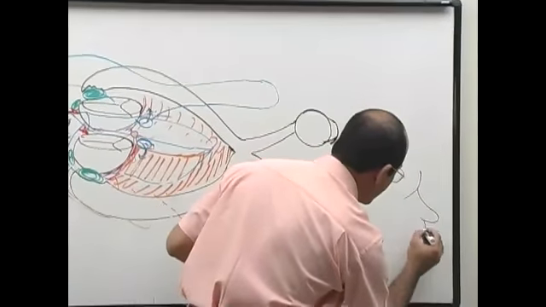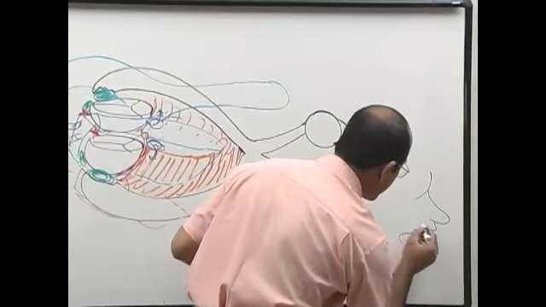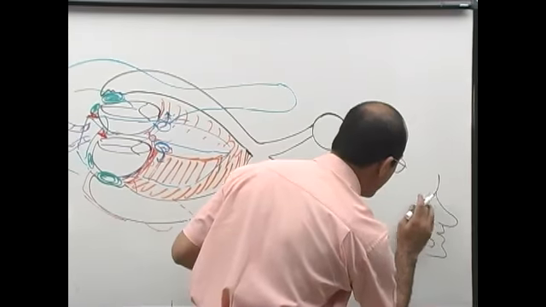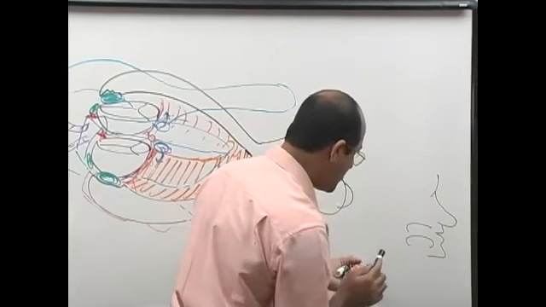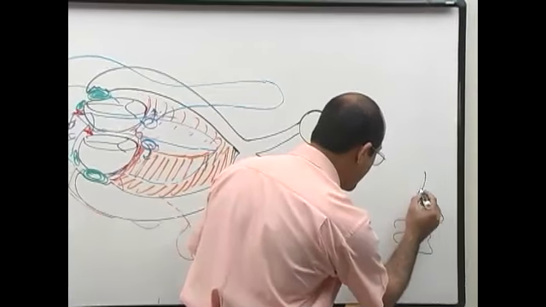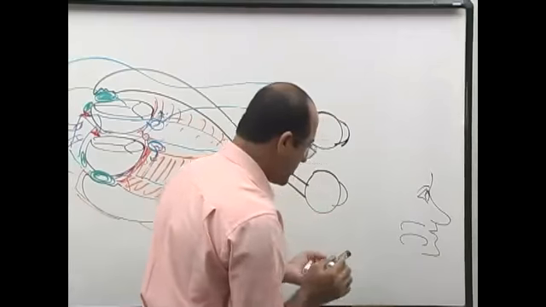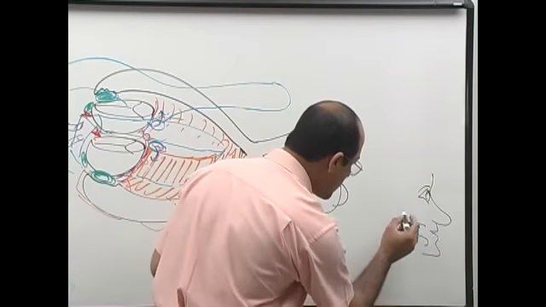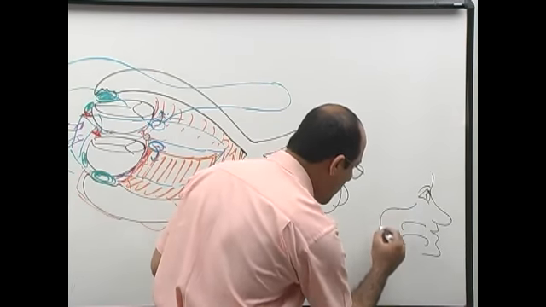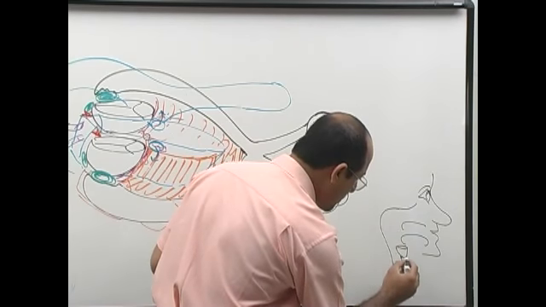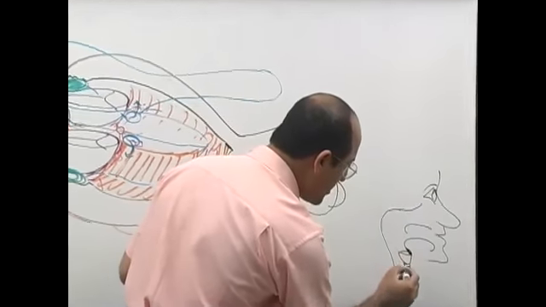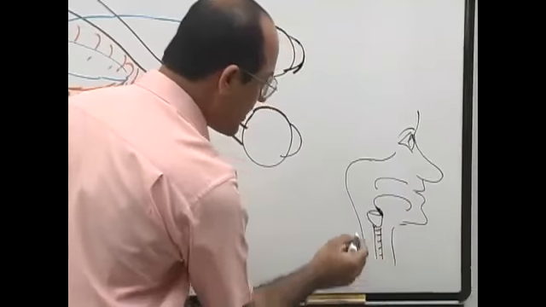Here is your beautiful nose. And of course you do have an eyeball. This is your larynx, isn't it? Trachea, you must know there are things like that there.